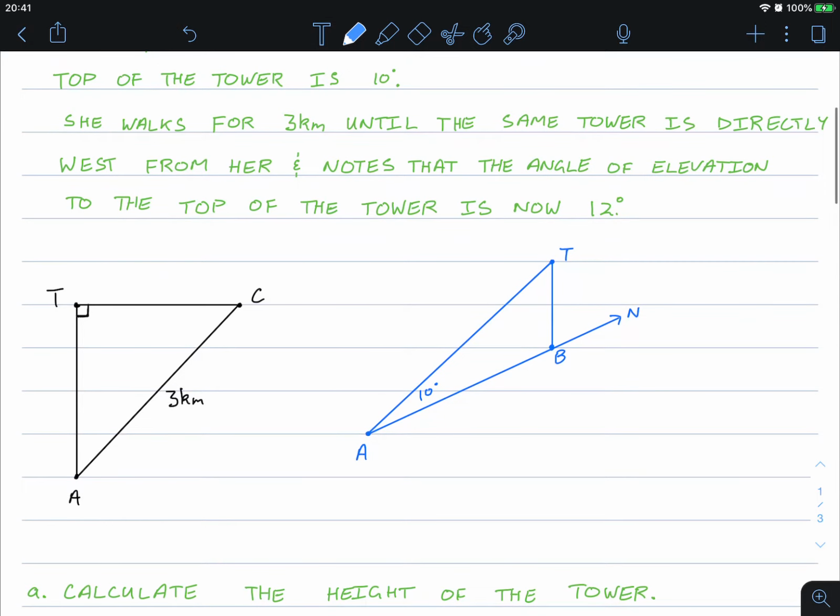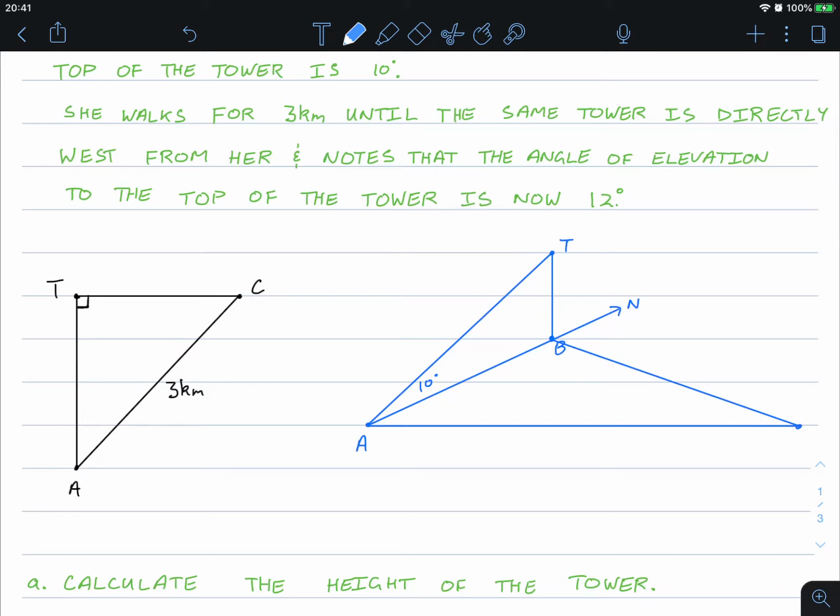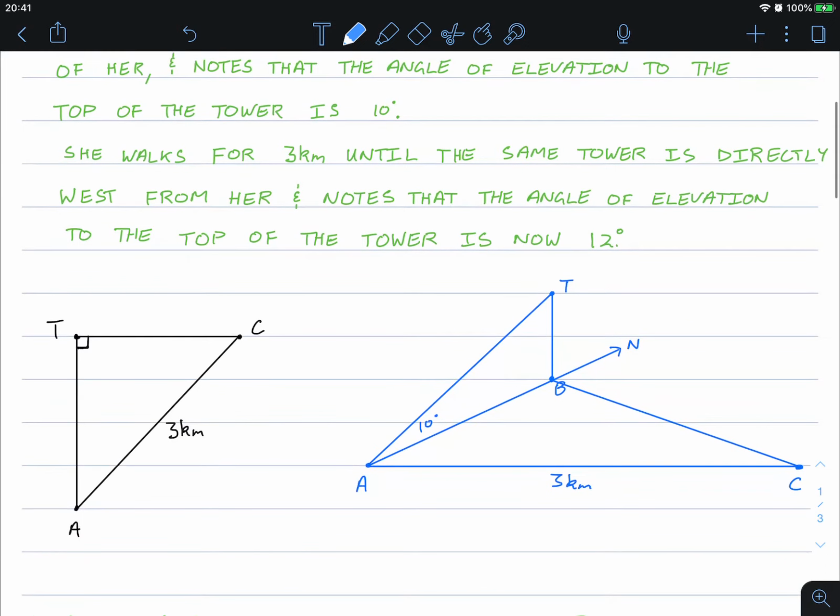In the side view, she would have walked somewhere along here until she's directly to the west. Until she's directly east of us. That's point C. And that's 3 kilometers. And now she notes that the angle of elevation is now 12 degrees. So from the top of the tower to where she is now, that angle is 12 degrees.